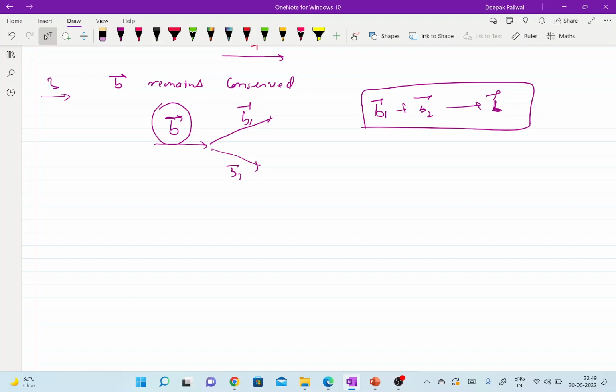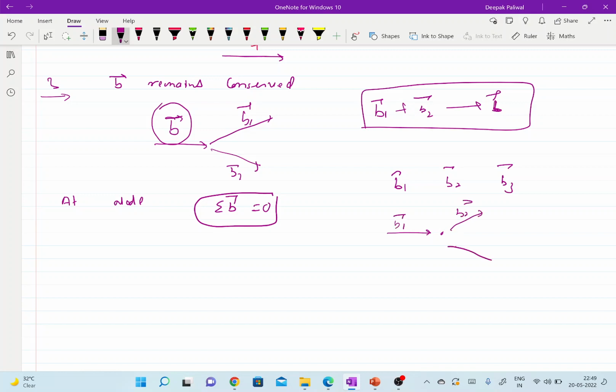Again, at a node, the summation of all the Burgers vectors remains 0. Suppose we have b1, b2, b3. Here b1 is coming, b2 is going, b3 is coming. Suppose I am taking a sign convention: the Burgers vector direction towards the node point is positive, and the Burgers vector going away from the node point is negative.